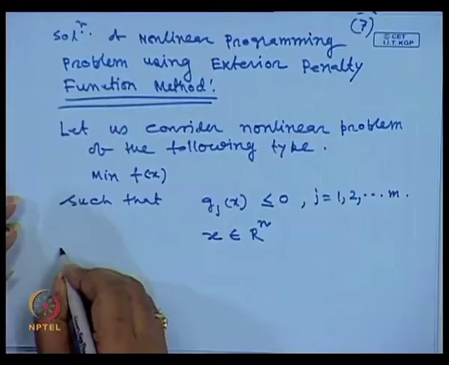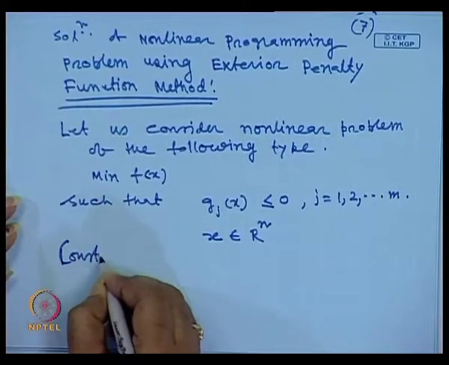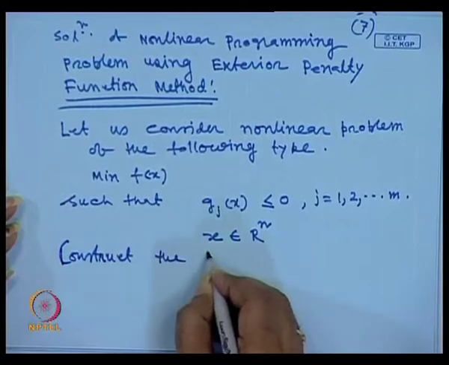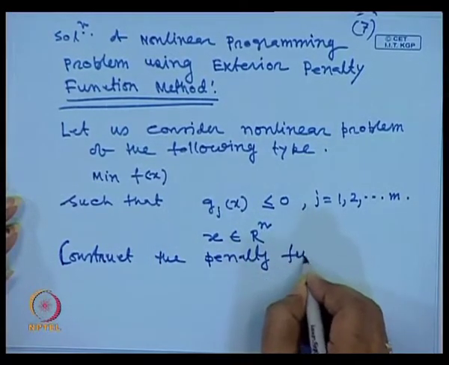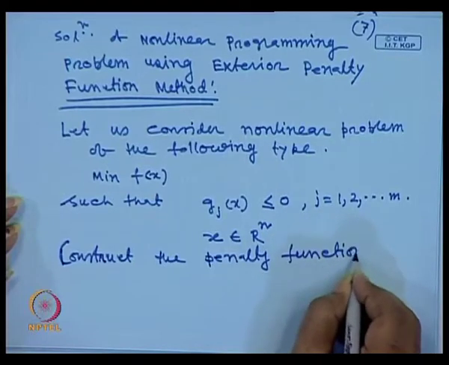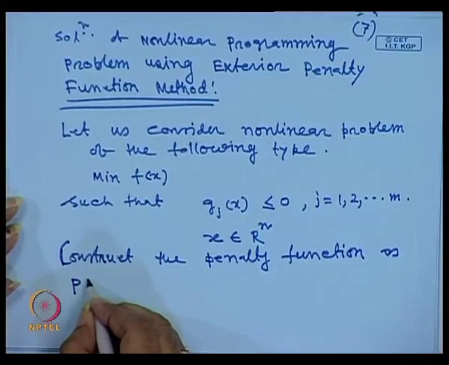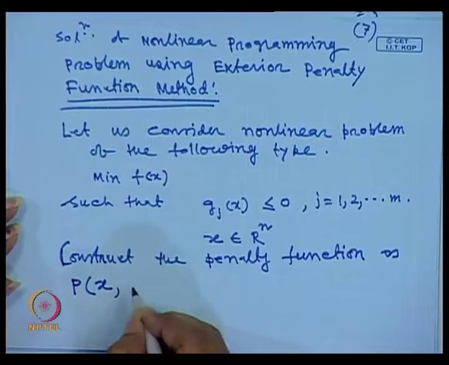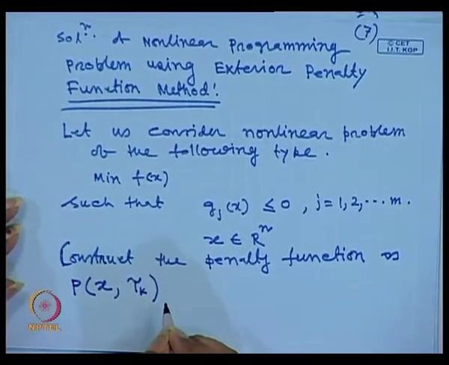So, next we construct the penalty function P, where P stands for penalty function, x is the decision variables of the optimization problem, and tau is a scalar quantity, agree.